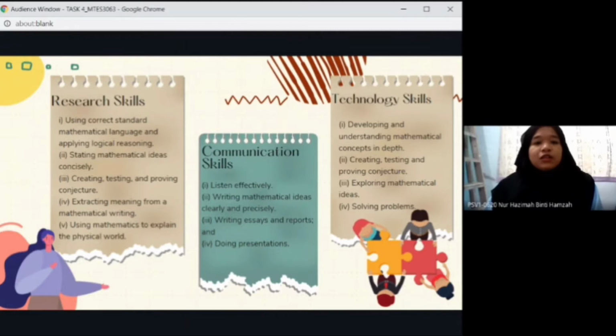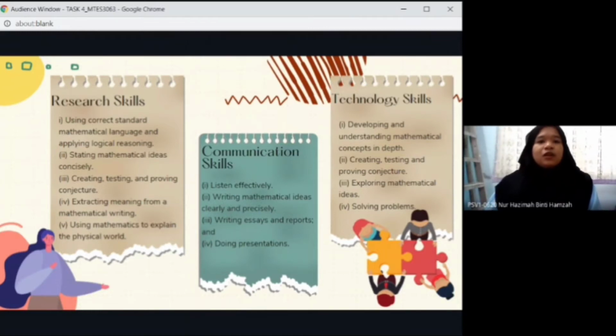So we go to the fifth skill, which is communication skills. That refers to listening effectively, writing mathematical ideas clearly and precisely, writing essays and reports, then doing presentations.